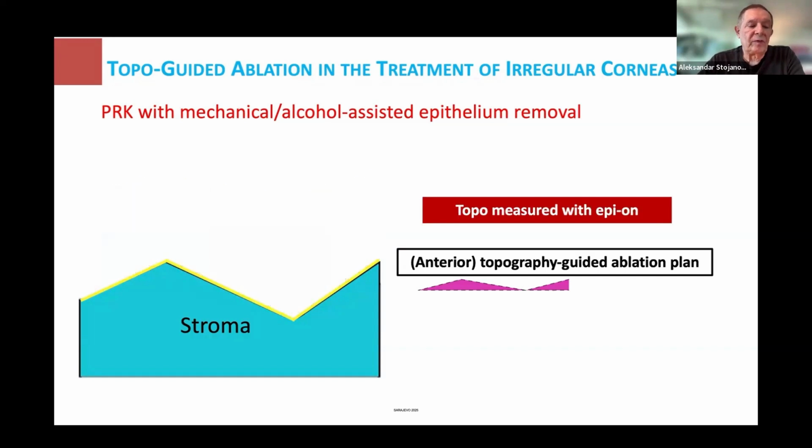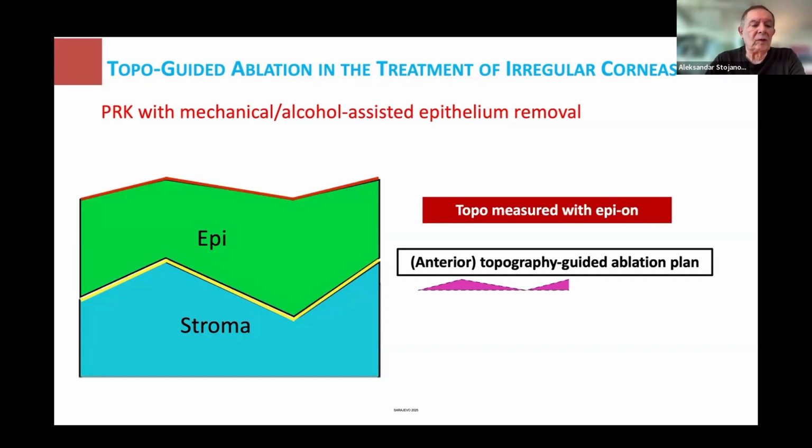Then we remove epithelium with alcohol or mechanically, and then we can immediately see that our surface is now totally different than it was before the removal of epithelium. So the red line on top of the epithelium has much less peak to valley distance than the stromal surface, significantly higher peak to valley distance.